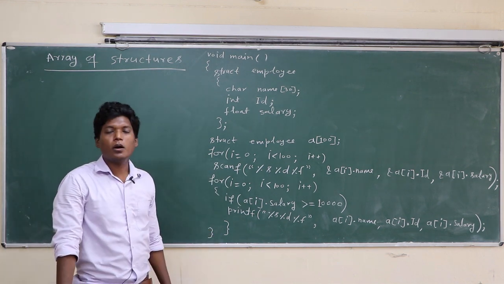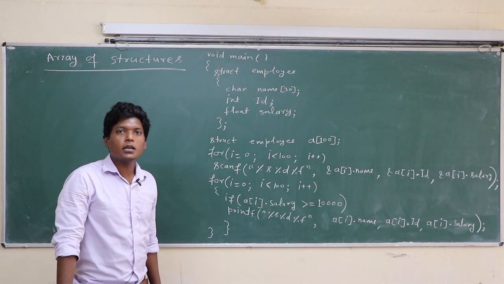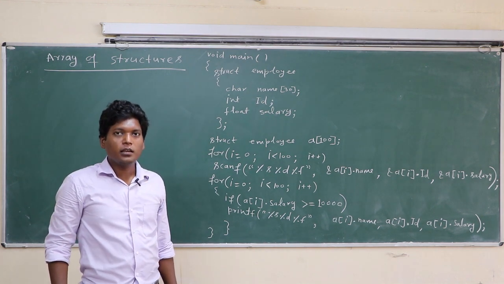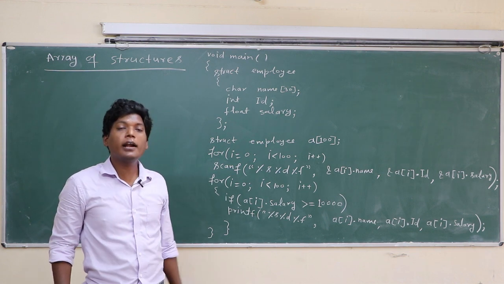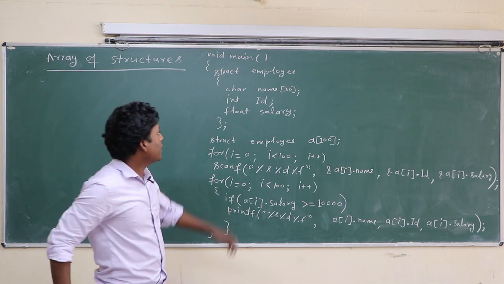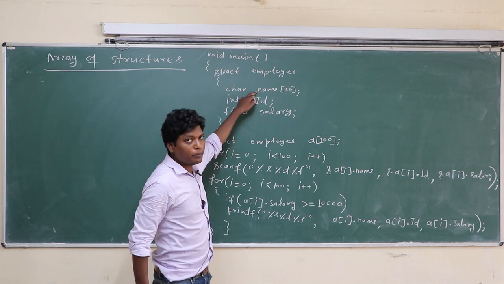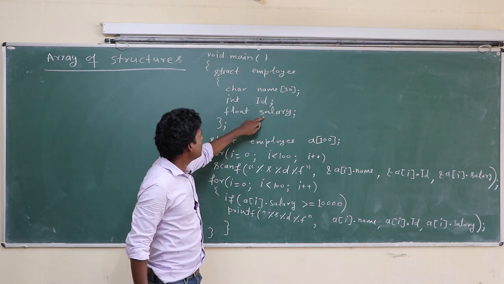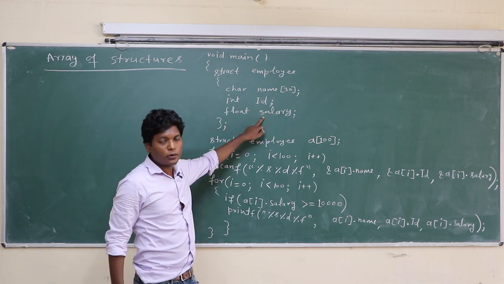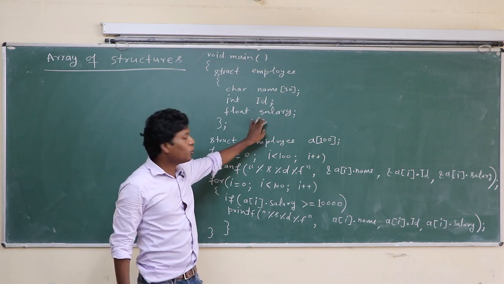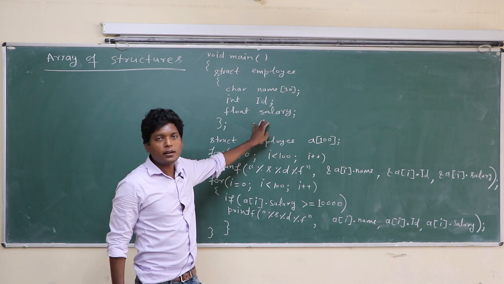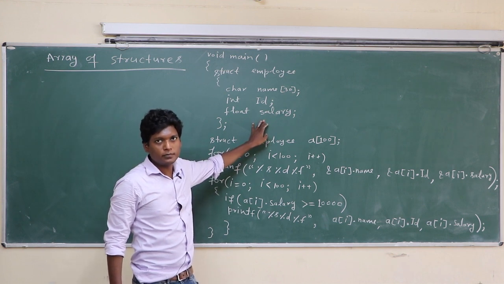Class, this is a problem. Problem is write a program in C to input the details of 100 employees, and details contain employee name, employee ID, employee salary, and print details of those employees who have salary greater than 10,000 per month.